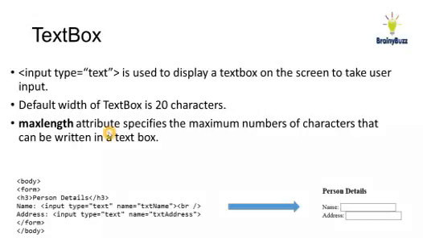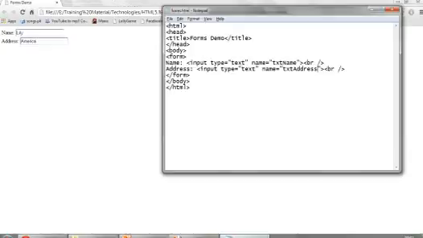You can use the maxlength attribute, which specifies the maximum number of characters that can be written in a text box. Supposing you don't want the user to enter more than 6 characters, so over here in the name you can set maxlength as 6.